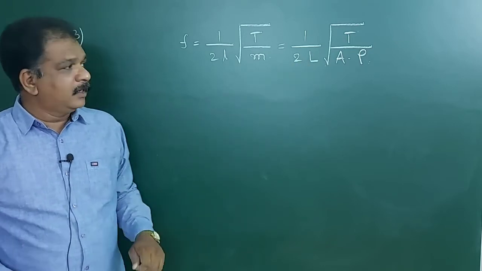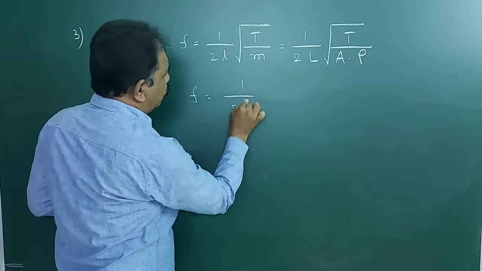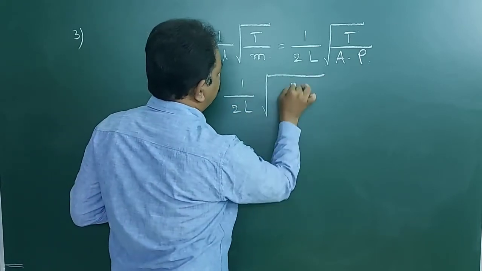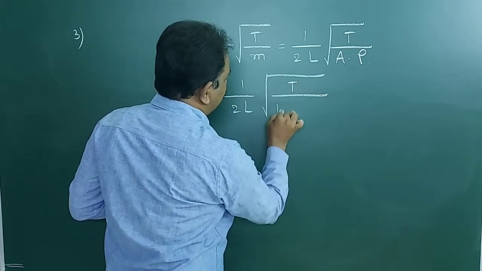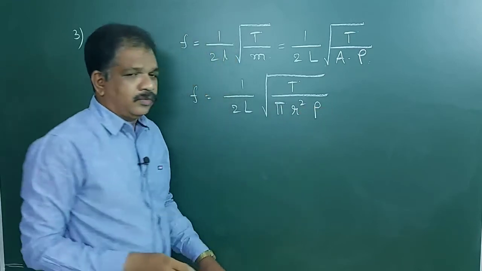Area I am writing as pi r square into rho.